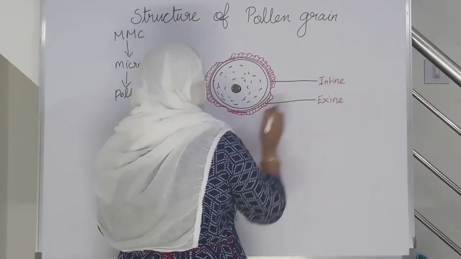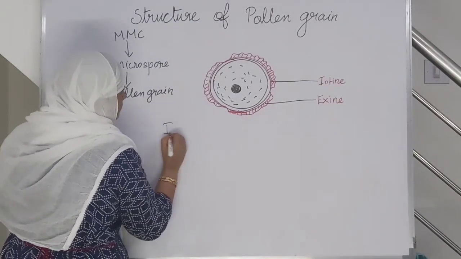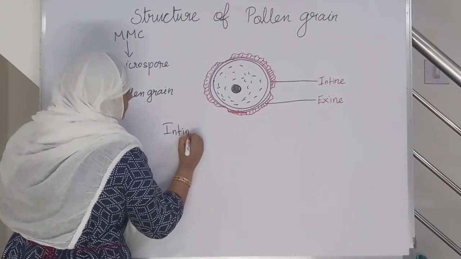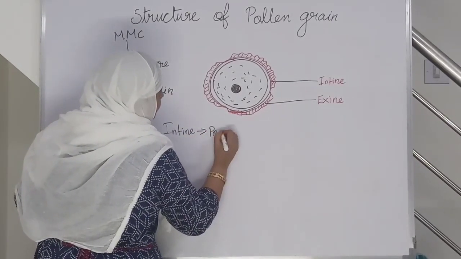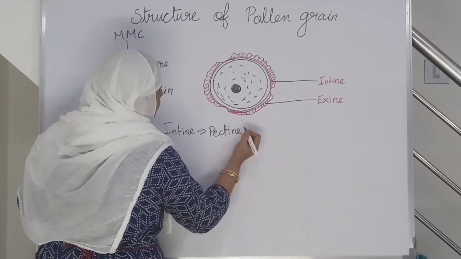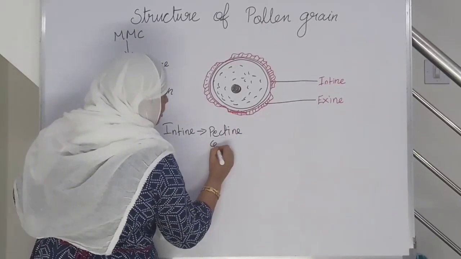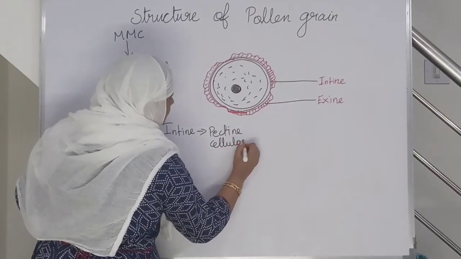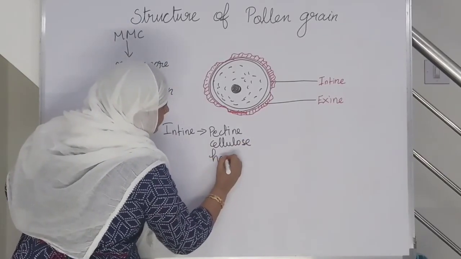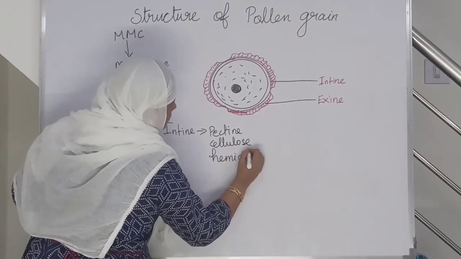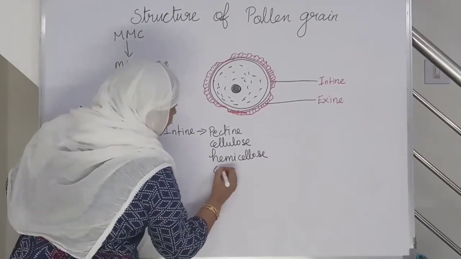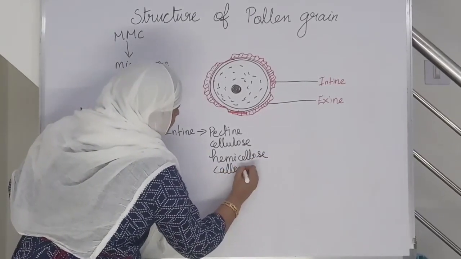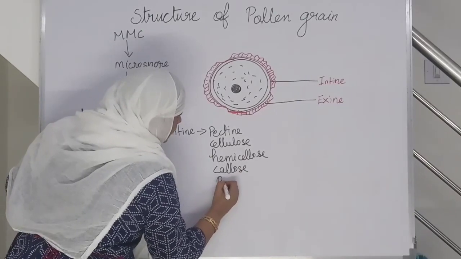The intine is made up of pectin, cellulose, hemicellulose, callose, and along with the proteins.